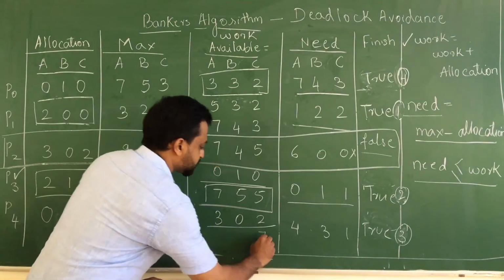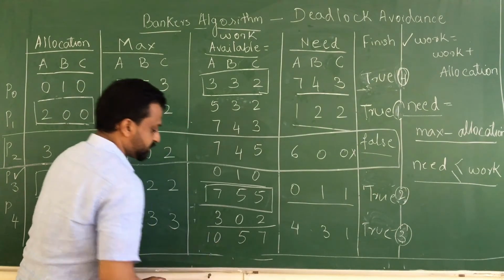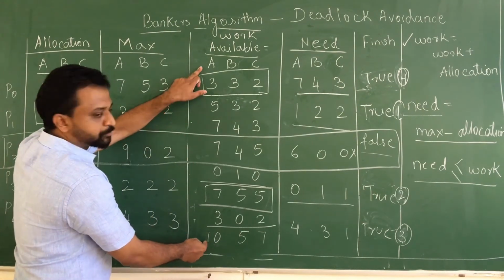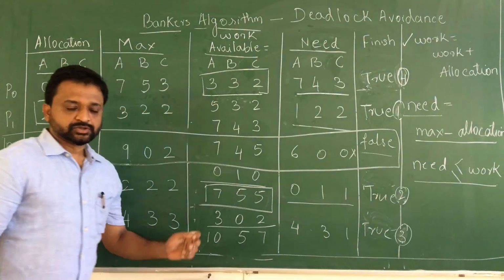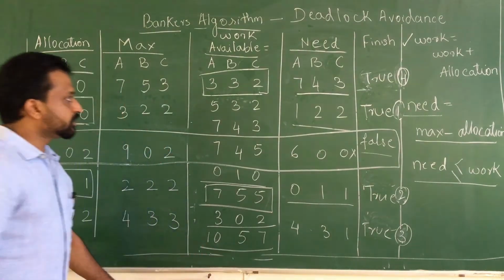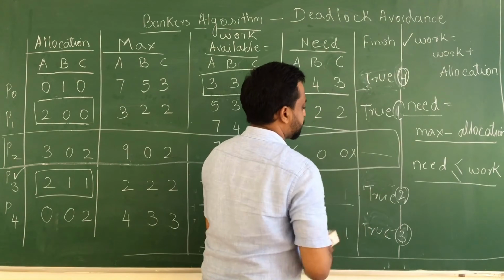This becomes 7, 5 and 10: 10 resources of A, 5 of B and 7 of C. This is the final work we get after finishing, and now this process becomes true.